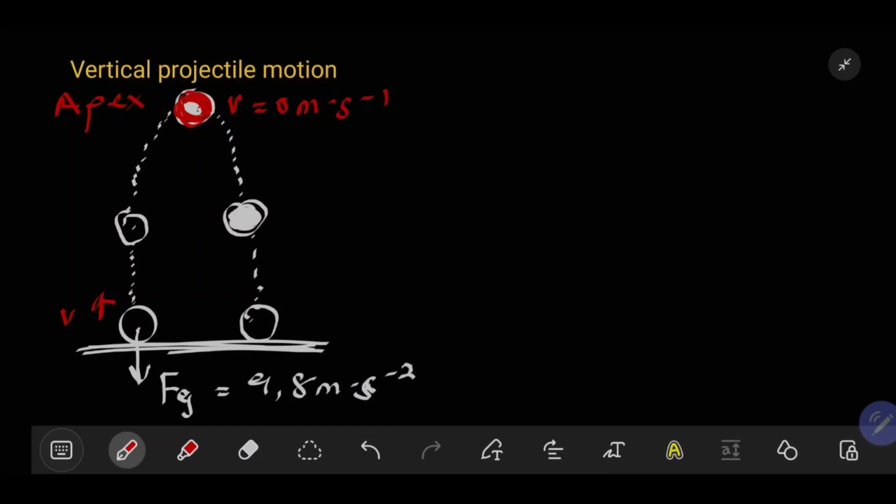So the first equation says that V final is equal to V initial plus a Δt. Then we have the second one, which is Vf squared is equal to Vi squared plus 2aΔx.